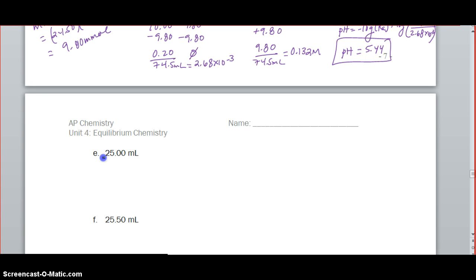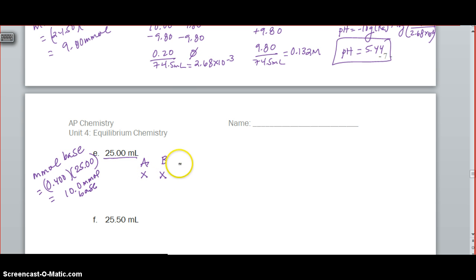All right, so now we've added 25 milliliters of base. That's going to be a special point for us. So 0.400 times 25 milliliters. So now we've added 10 millimoles of base. So we know we had 10 millimoles of acid to begin with, right? So all the acid is gone, all the base is gone, and in the process, what did we create?